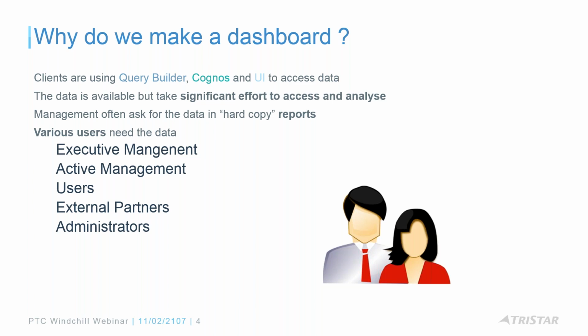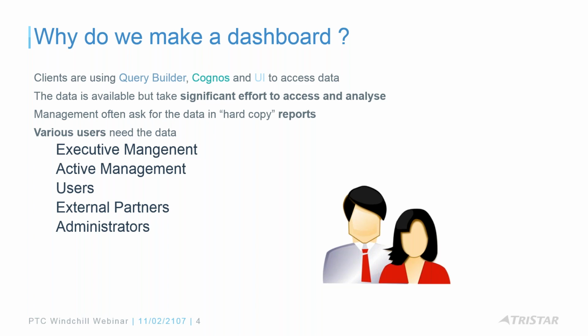So the data is available inside Windchill and other systems, but then you have to take it out and analyze it, right? Put it into the proper format to make that specific report, in the specific format that you're looking for. It takes significant effort to do that. There are business analysts that spend a lot of time managing, copying, and pasting things.